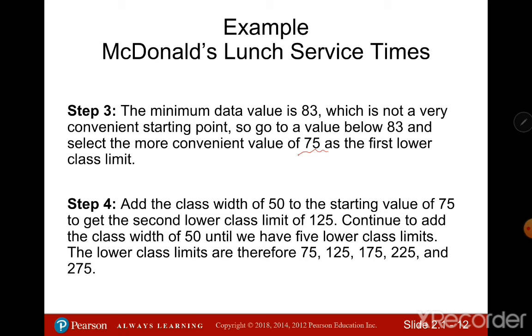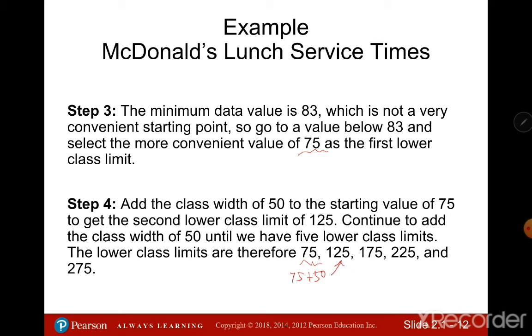Now we should define the other lower limits, right? Because we set 75 as our first lower limit. And how can we get our second lower limit? We just use the first one plus the class width, and we get the second one.